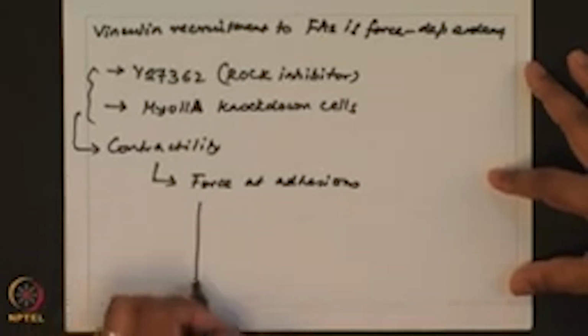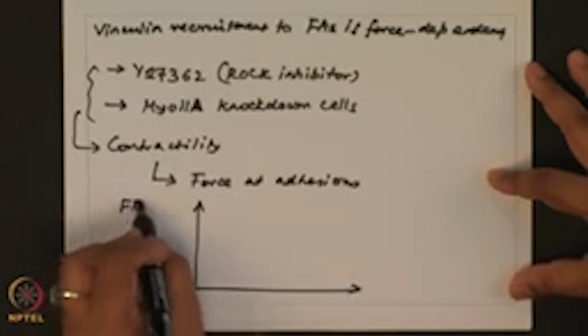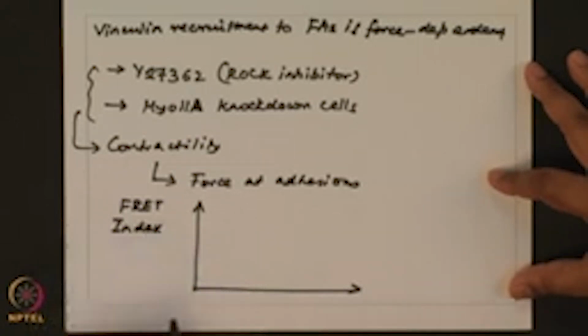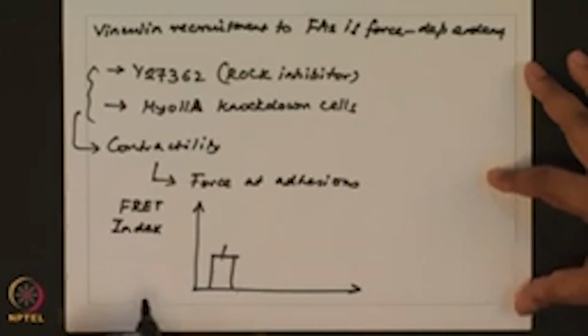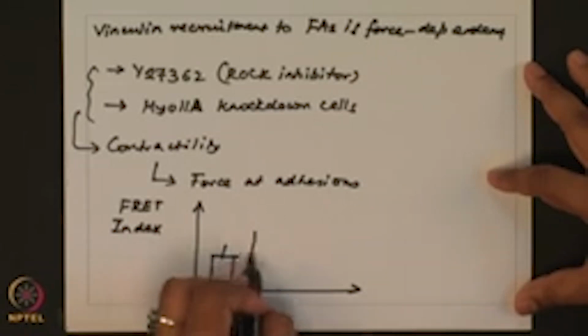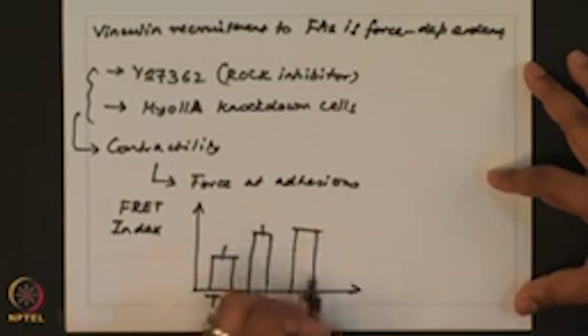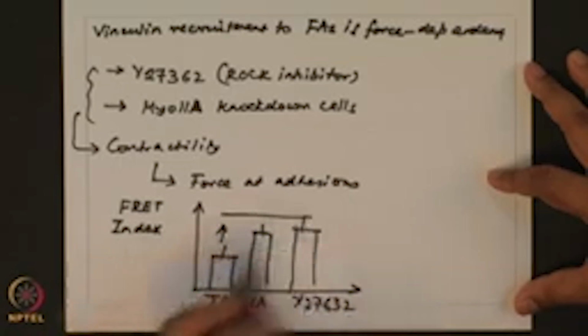Consistent with this idea, when they tracked the FRET index, the average FRET index under control conditions was lower. When they knocked down 2A or used Y27632, in both cases the FRET index went up.